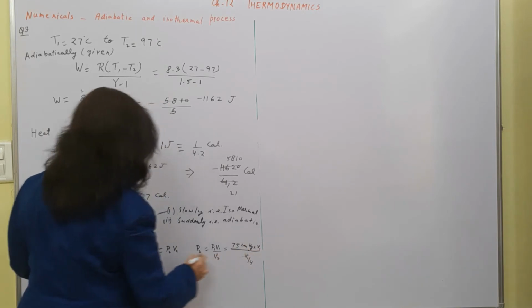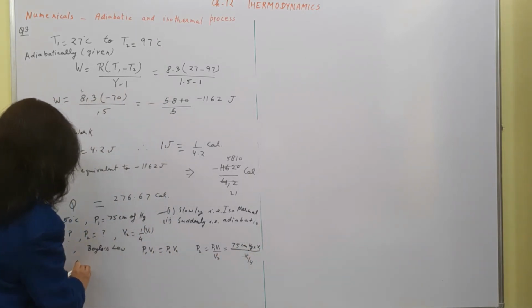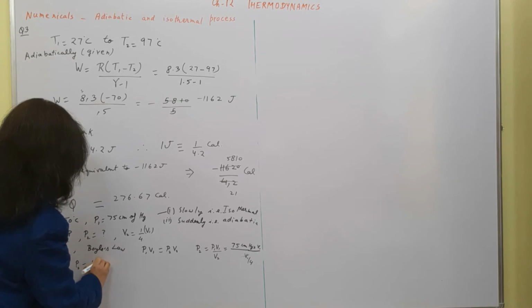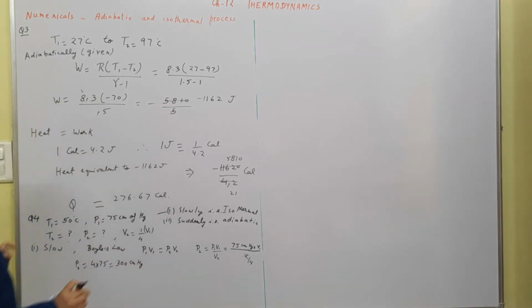So this will be cancelled. So therefore you will get P2 is equal to 4 into 75, that is 300 centimeter of mercury.